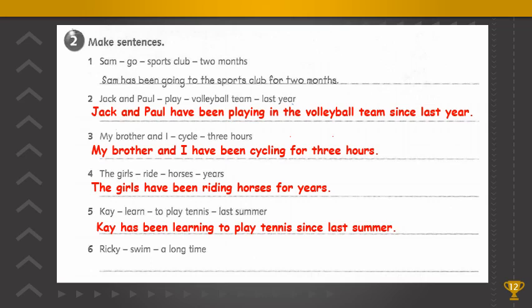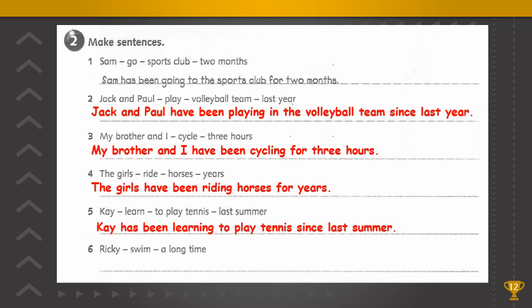So you have there Kay is singular, therefore the auxiliary verb to be used is has instead of have, because have is only used for plural subjects. Let's move on to the last one. Ricky swim a long time.